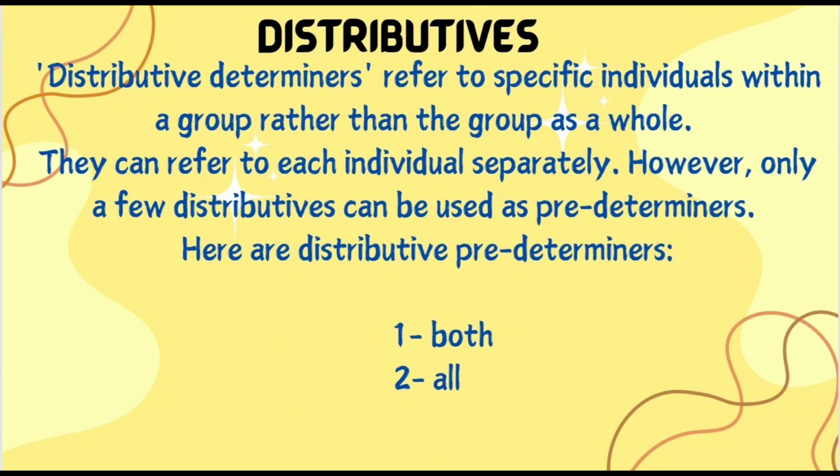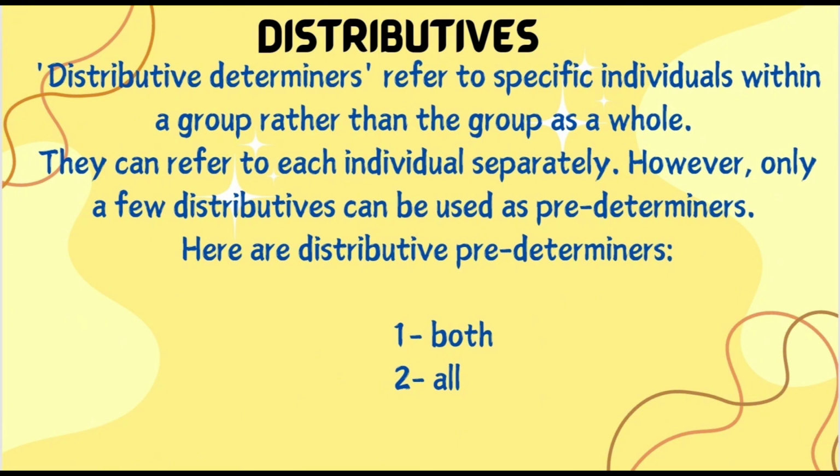Distributives. Distributive determiners are the next type of predeterminers that refer to specific individuals within a group rather than the group as a whole. They can refer to each individual separately. Words like each, every, half, all, either, neither, both, etc. are distributive determiners.